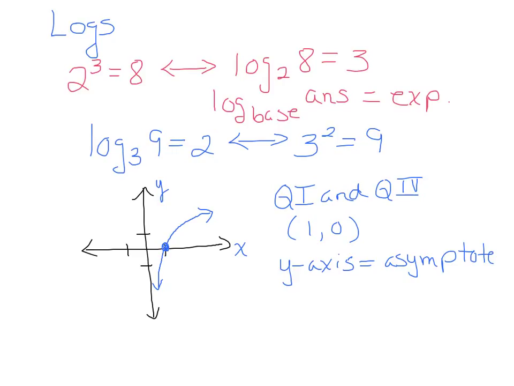Okay, let's talk a little bit more about logs. Well, there's also properties of logs where addition means multiplication, subtraction means division, exponents always come to the front. So it's going from a single log to multiple logs and multiple logs to a single log. Well, what if I have a single log, let's say log of the square root of y divided by x squared, and I wanted to write that as multiple logs.